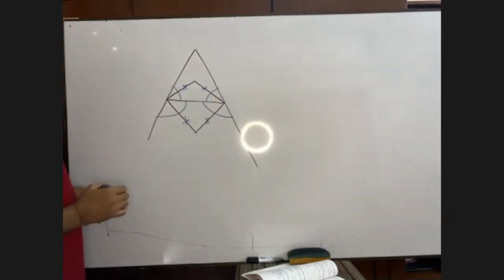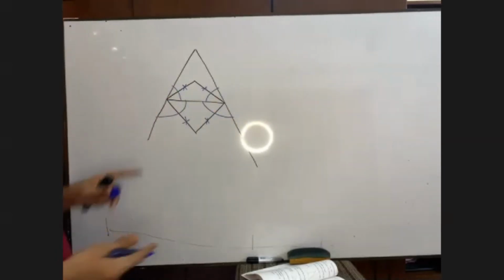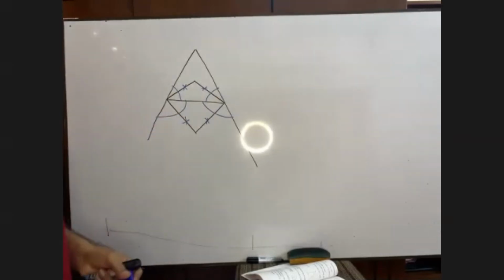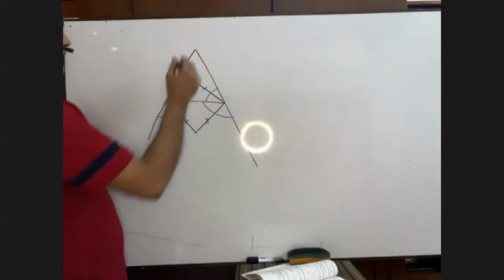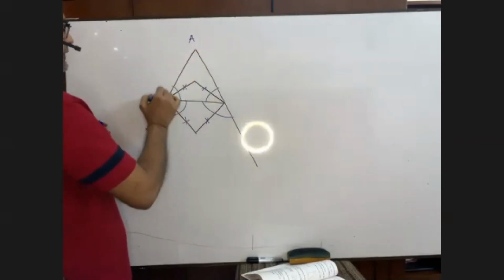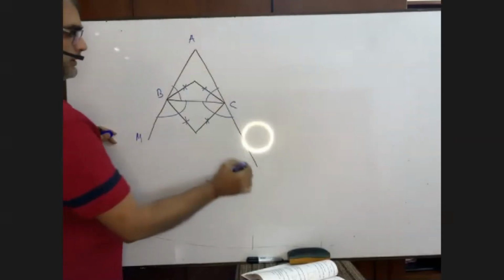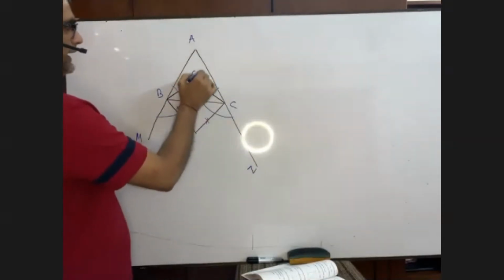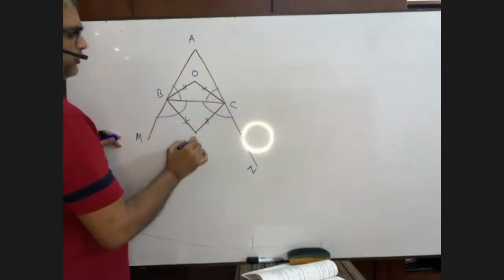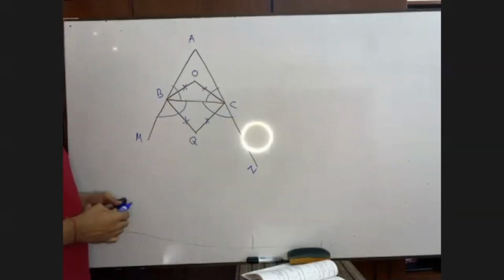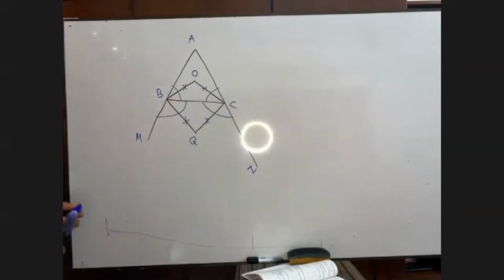Now, the previous two maths have been taken in the same figure. Suppose the triangle is ABC, this point is M, this is N, at first O, and now name it Q. Is it okay? Yes, sir.